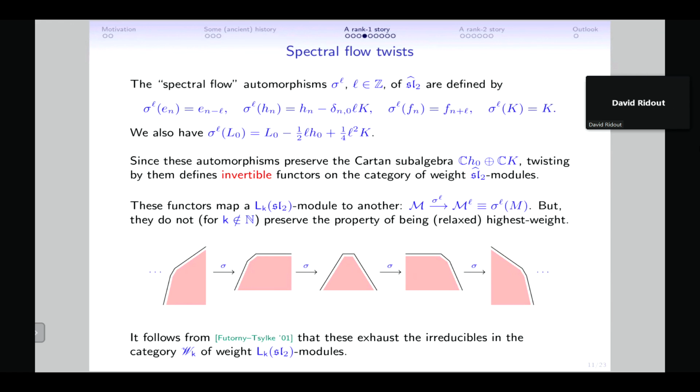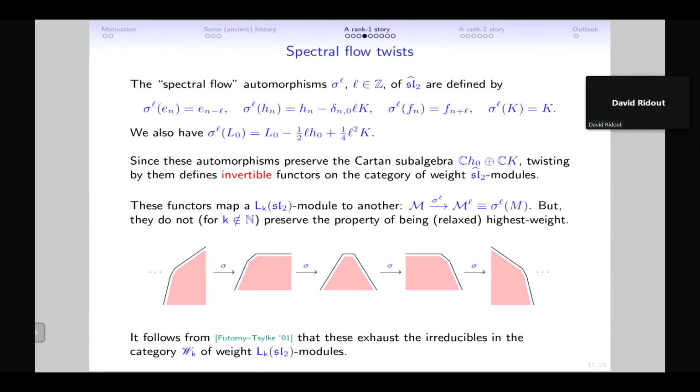Okay, but we can do that, and we can look at our little pictures. So even if we start with a nice picture where our irreducible is induced from a finite dimensional SL2 module, when you apply spectral flow, you might get something which is induced from an infinite dimensional highest weight SL2 module.